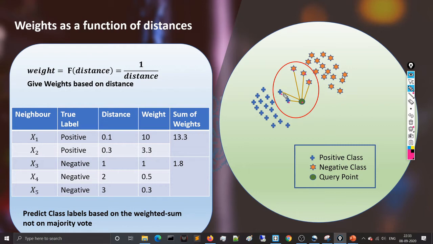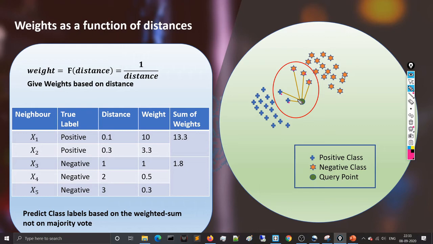But if you see the physical distance, from these two positive points the distance is very small, and from these 3 negative points the distance is much higher, right? So what we think logically is it should belong to the positive class. So this is some kind of a limitation, or not limitation, a special case of KNN where we have to incorporate weights.